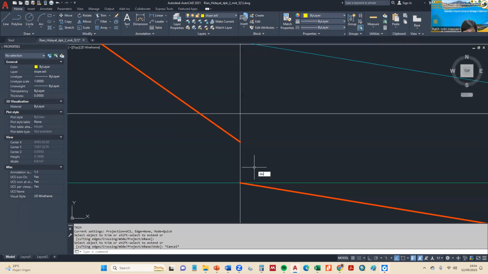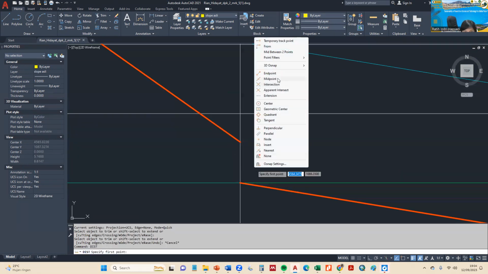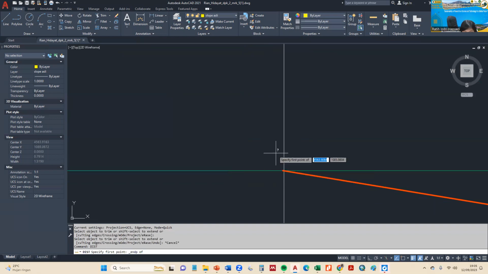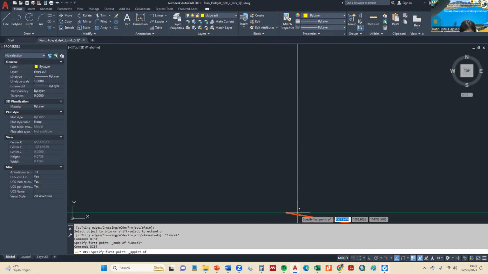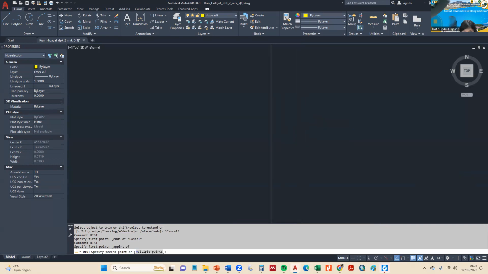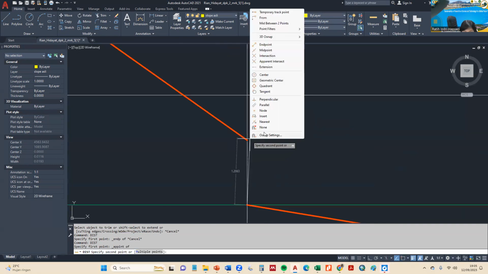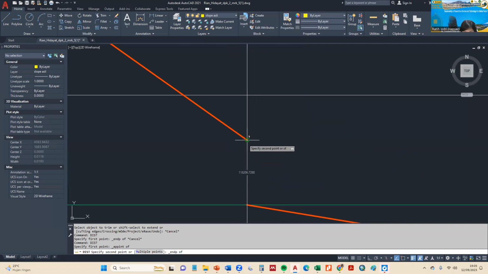You just measure the distance. Delta y is 1.1789.